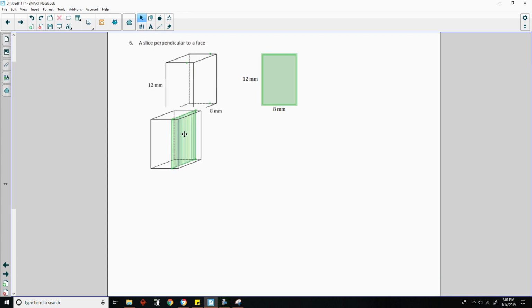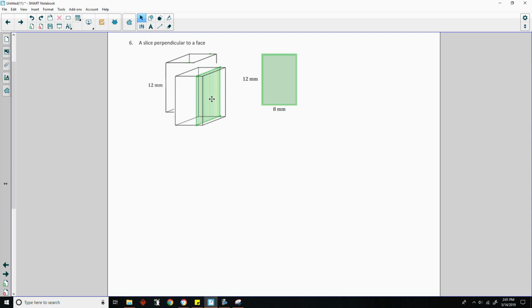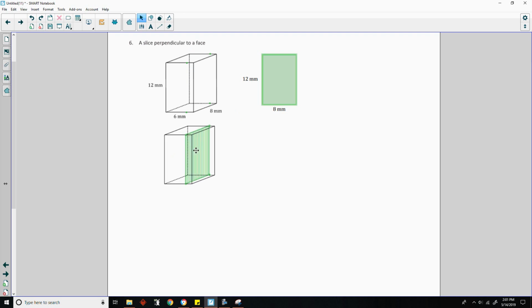Yes, this was 8 right here. So let's not put that right on top of it. So that's this shaded in, and it's a 6 by 8 by 12 high. So this piece here is 8 wide and 12 high when I cut it out and move it off to the side.